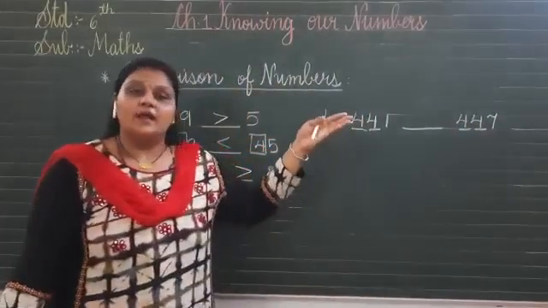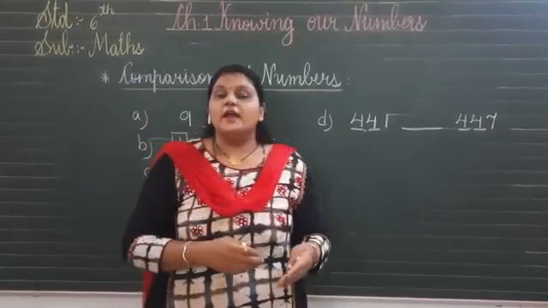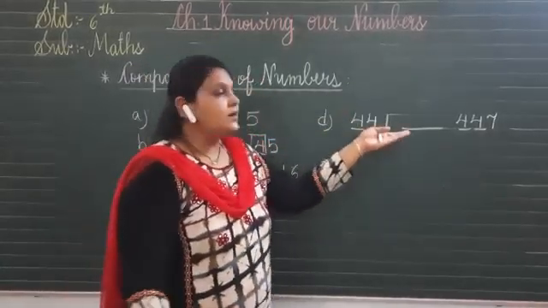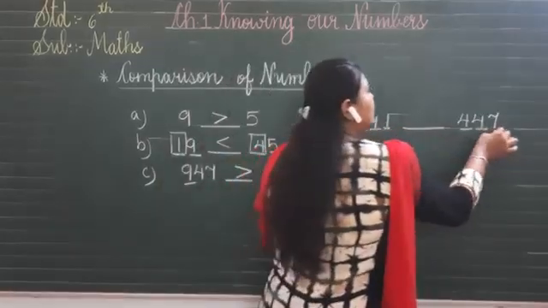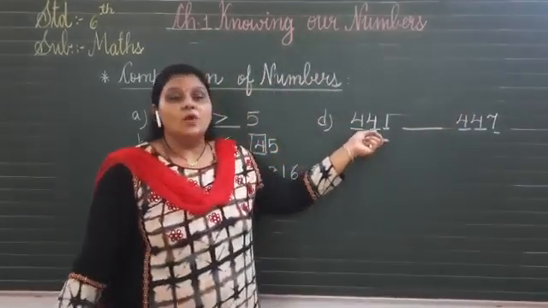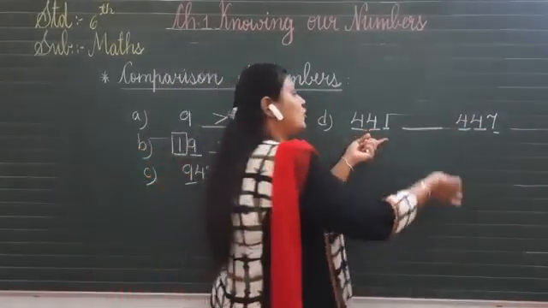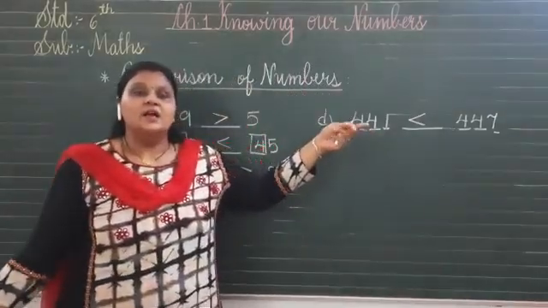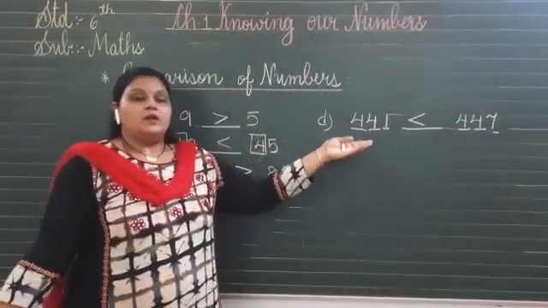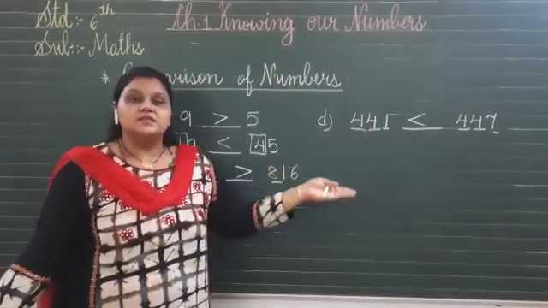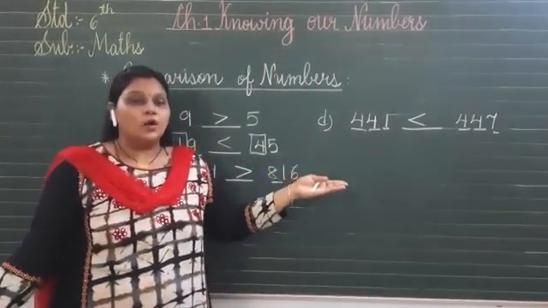Again 4 and 4. So again we cannot judge. Now we will go for the third place. 1, 7. Here is the difference. 1 is smaller than 7. So 441 is smaller than 447. Same thing we can do for 4 digit, 5 digit, 6 digit and so on.